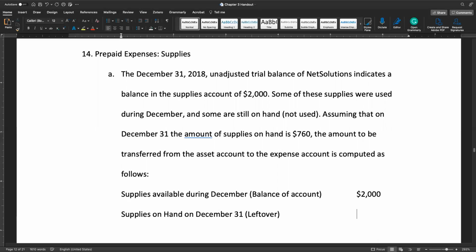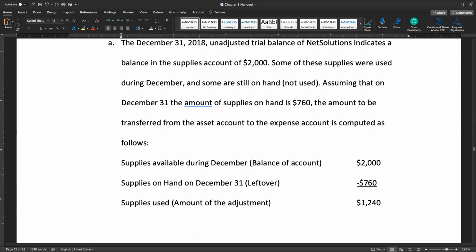We're going to take this amount, $760, and we're going to subtract. And that's going to give us the supplies that we've used, or the amount of the adjustment. So 2,000 minus 760 is 1,240.